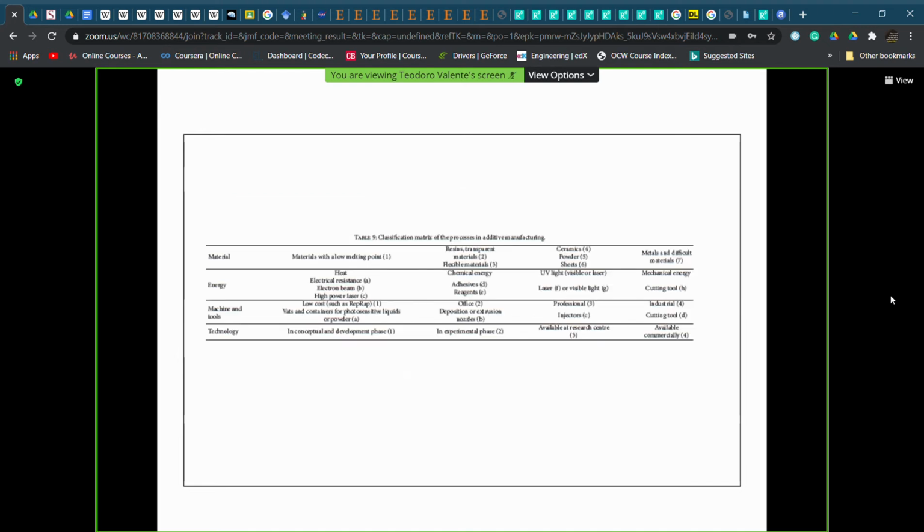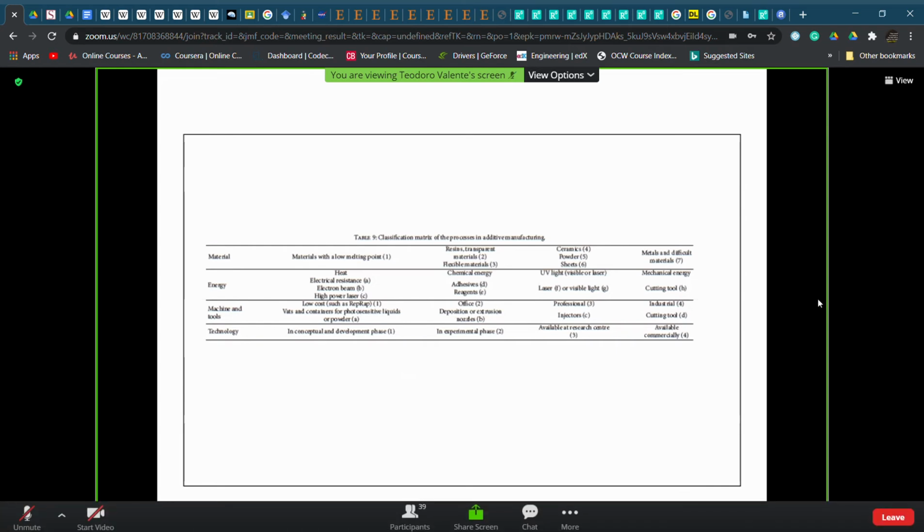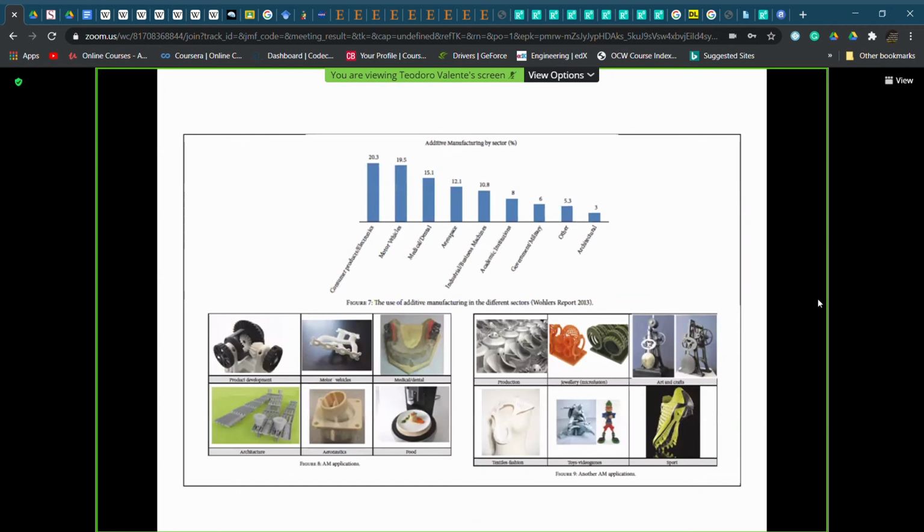And here you have a classification matrix of the processes concerning the general approach to additive manufacturing technologies. You see here by sector that the most important are consumer products and motor vehicles, but we also have some applications in aerospace, and you have here some examples of components fabricated by additive manufacturing.